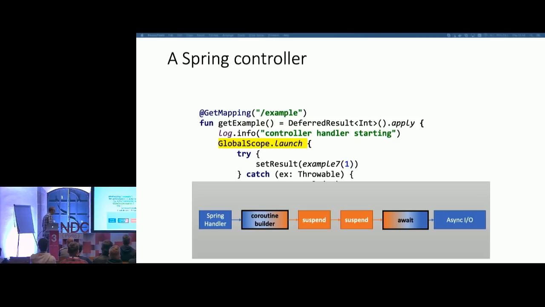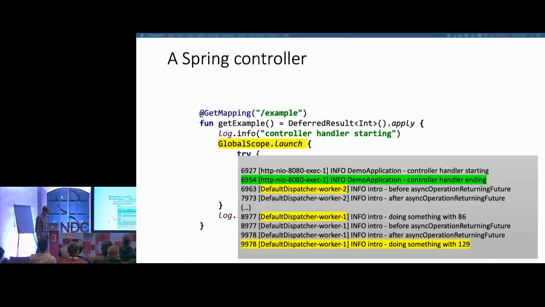So the idea is that I have a Spring handler, the old world. I need to use a coroutine builder. I enter this brave new world of suspend functions. If I need to interact with asynchronous I/O using a legacy framework or a legacy function that returns, for instance, a future, I use await.